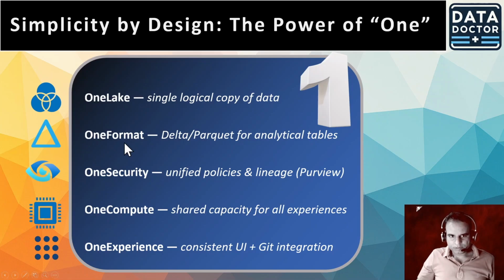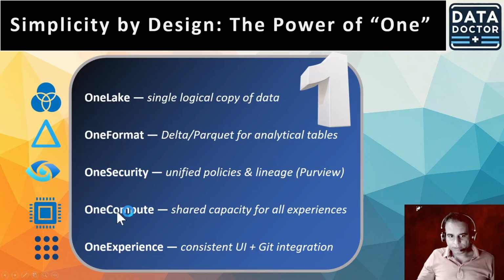Then we have OneFormat in Fabric, and this is the Delta Parquet format for structured data sets. OneSecurity means that we are not dealing with different sets, and so security and governance can be achieved through one source, which is Purview here in Fabric.